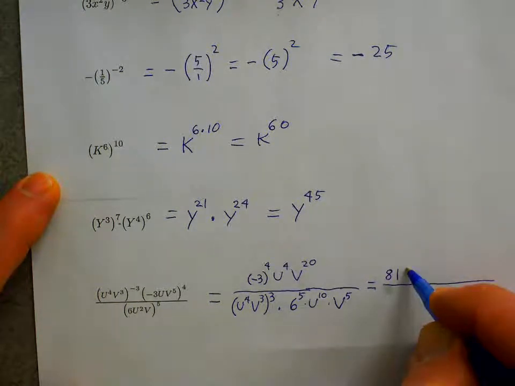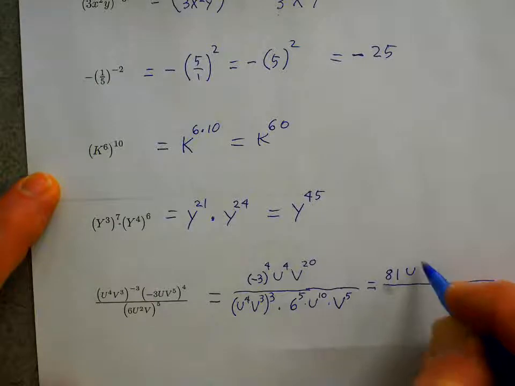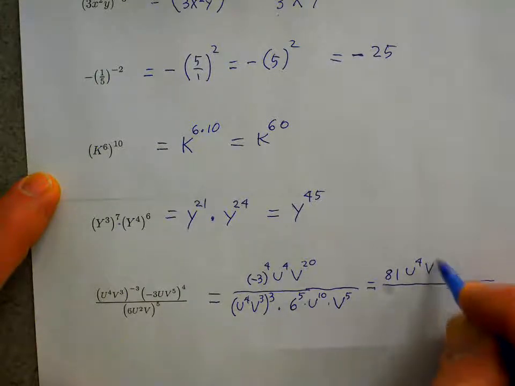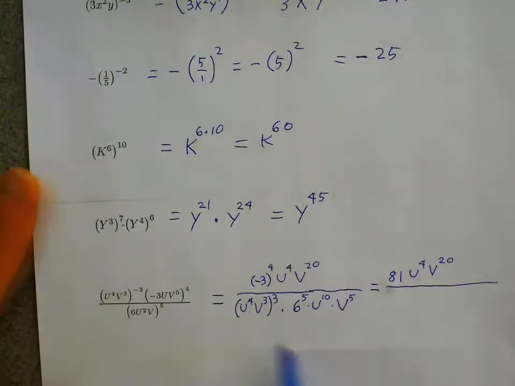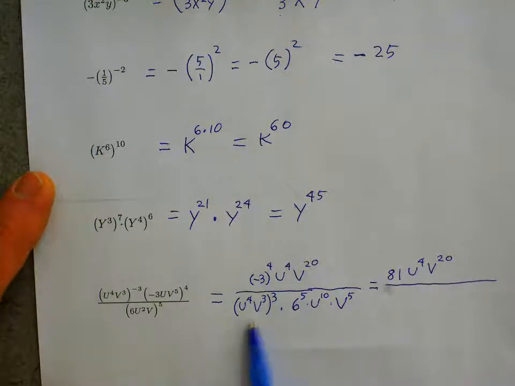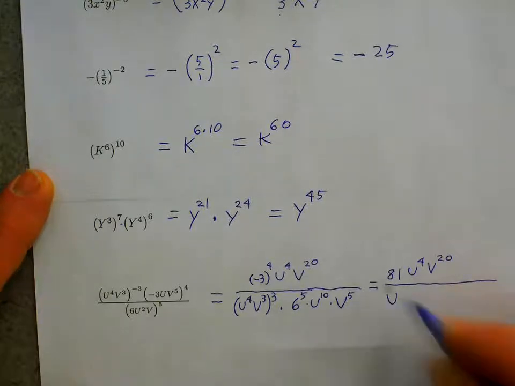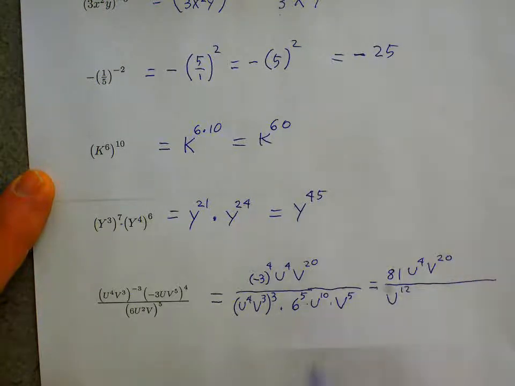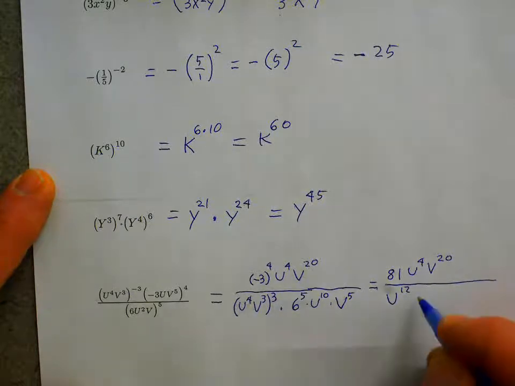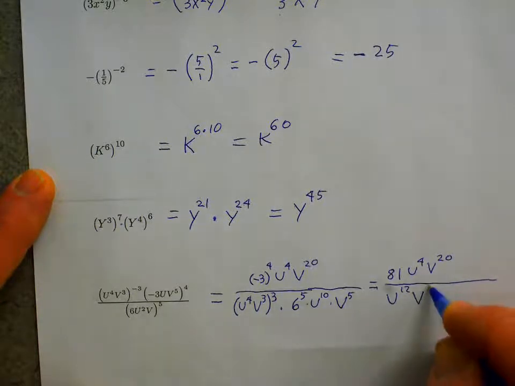So I'll just write 81 u to the fourth, v to the 20th. And then in the denominator, this part, u to the fourth, v to the third, all to the third, we're going to get u to the 12th, because the exponent 3 times the exponent 4 is 12, times v to the 9th.